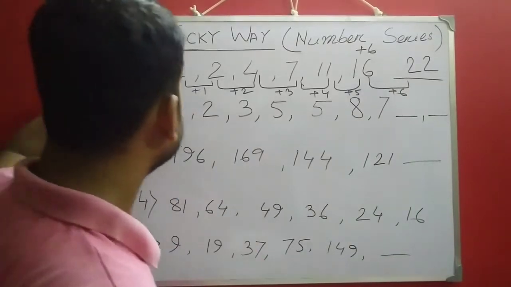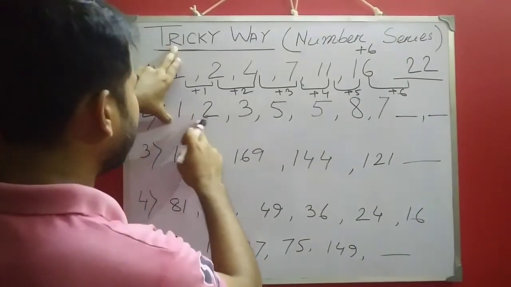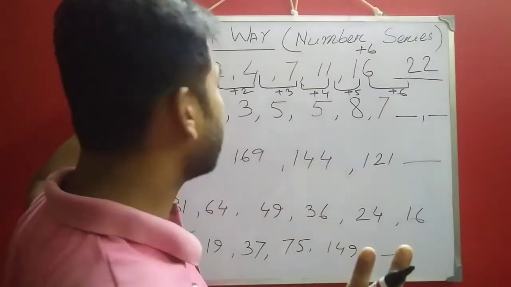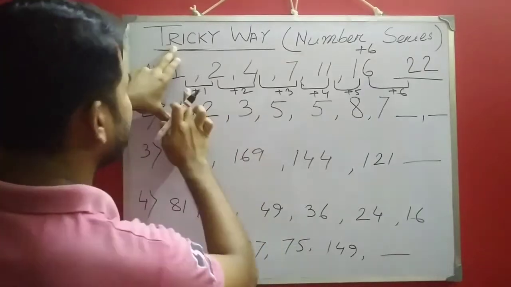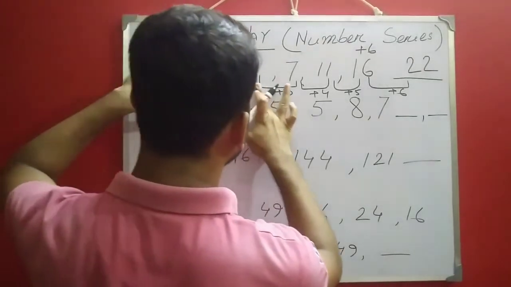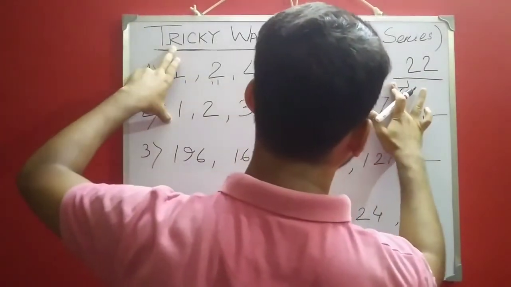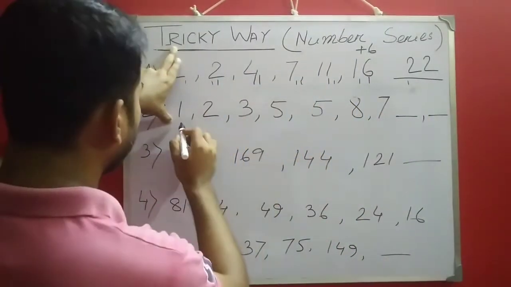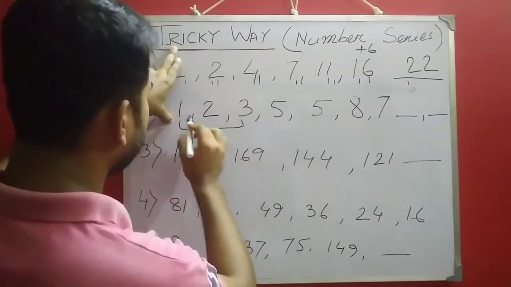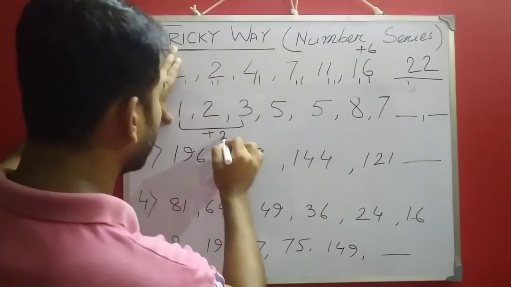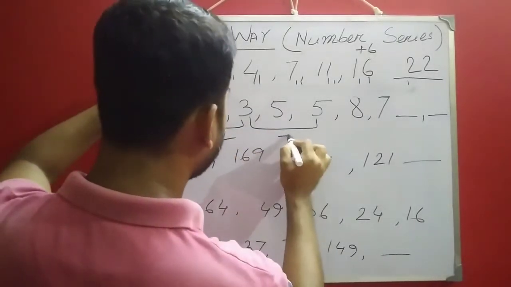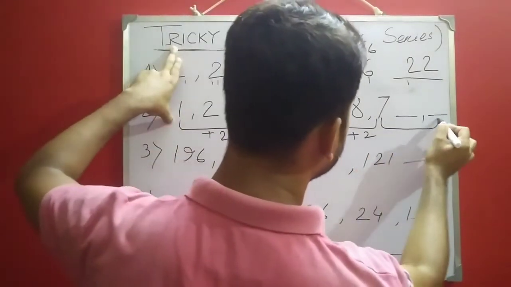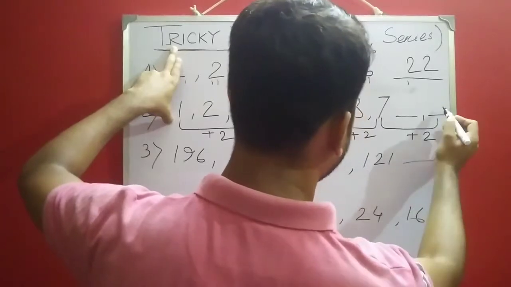And in the next case, 1, 2, 3, 5 and 5. These types of case, you always remember one thing: 1 plus 2, plus 2, plus 2, it will be plus 2. 7 plus 2 equals 9.